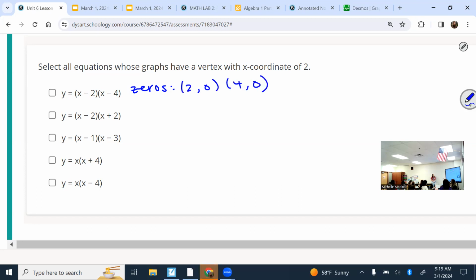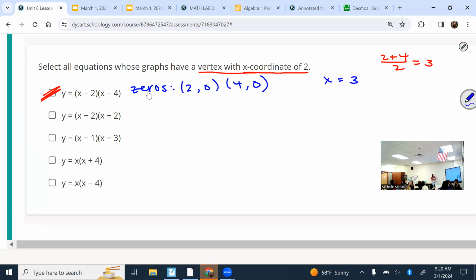What's the middle way between 2 and 4? So my x value of my vertex would be 3. And if you have no clue how I'm getting that, just average these together. 2 plus 4 is 6, divided by 2 is 3. So you're not going to pick this one. We're looking for ones that have a vertex with an x coordinate of 2.